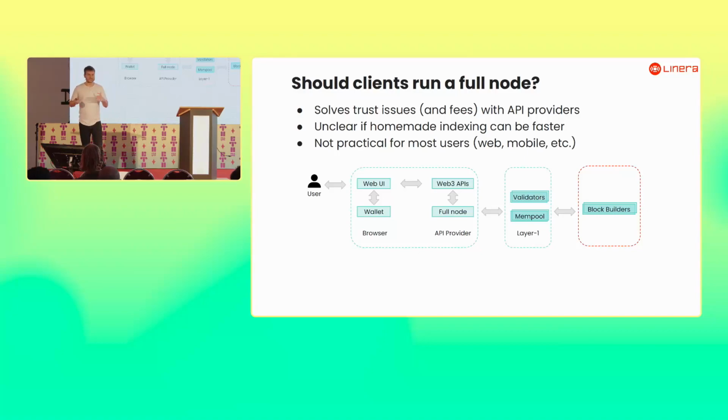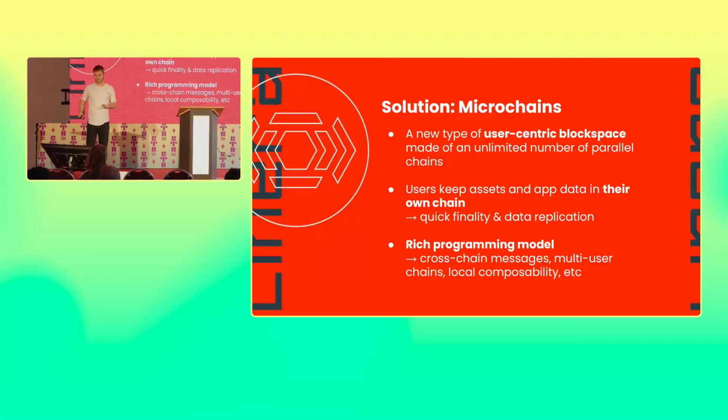We need to take a step back, basically. We need to redesign a system and really prioritize low data latency. So the solution that we're advocating at Linera is to introduce a new concept that we call microchains. So what we're going to do is have a separate layer that has block space organized in a different way.